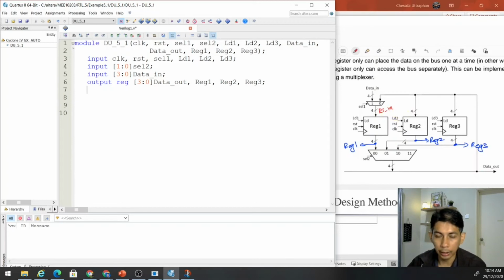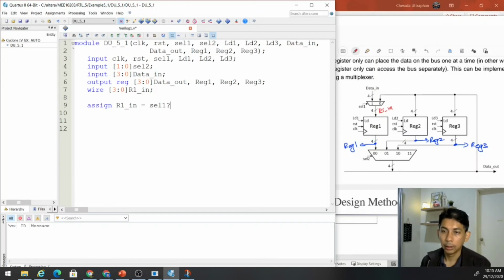This must be declared as a wire if we want to use data flow modeling, and this is 4-bit R1 in. All right, so we can use assign R1 in. This will be based on select 2, select 1, right?